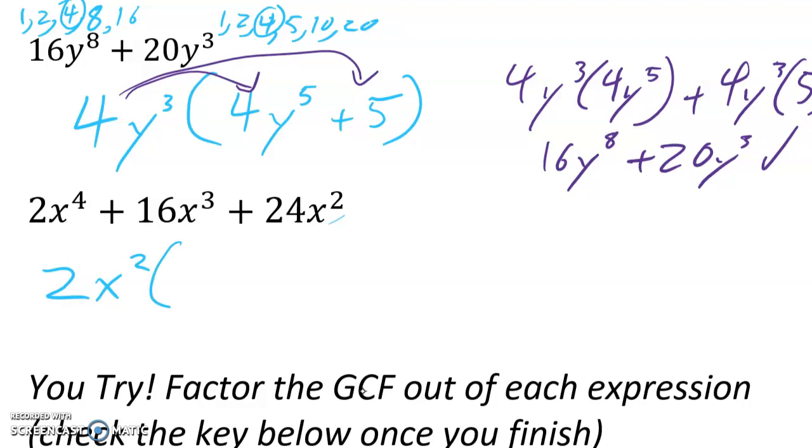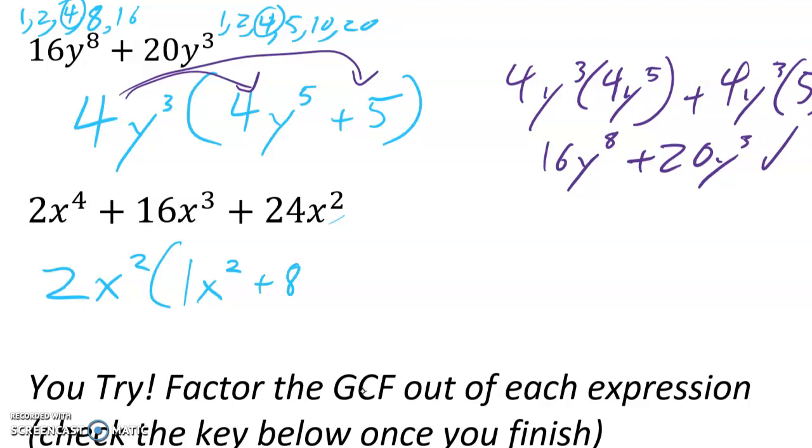So if I divide each of these terms by 2x squared, well, 2x to the 4th, 2 divided by 2 is 1. X to the 4th divided by x squared, 4 minus 2, I would have an exponent of 2. And then 16x to the 3rd, well, 16 divided by 2 is 8.